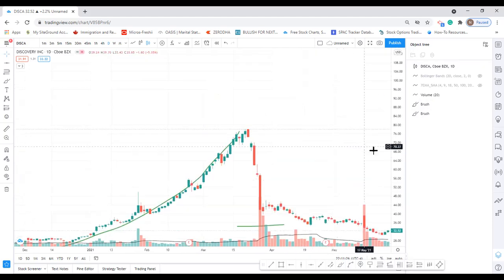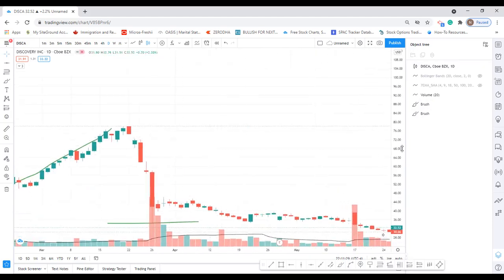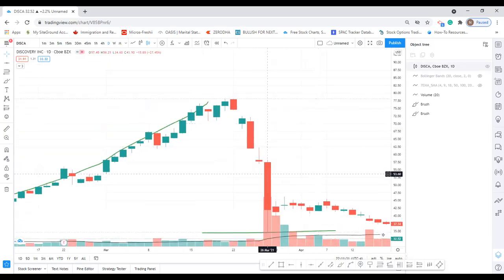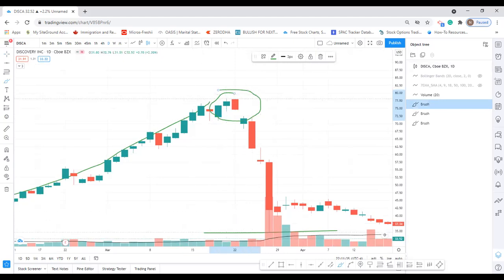But if you know charting a little bit, what is this candle? Anybody knows this candle? Bearish engulfing. This is a bearish engulfing.